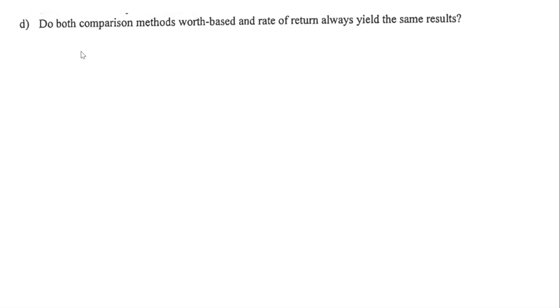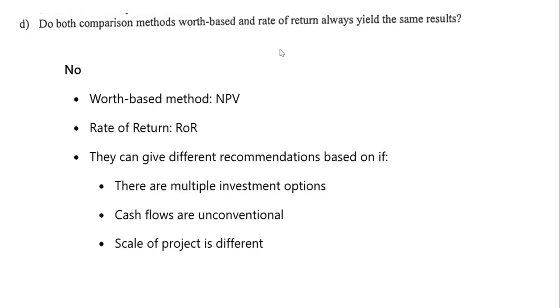Part D: do both comparison methods, worth-based and rate of return, always yield the same result? Worth-based is exactly the net present value, and rate of return we have talked about. So you have to answer: no, the rate of return and net present value do not always yield the same result.